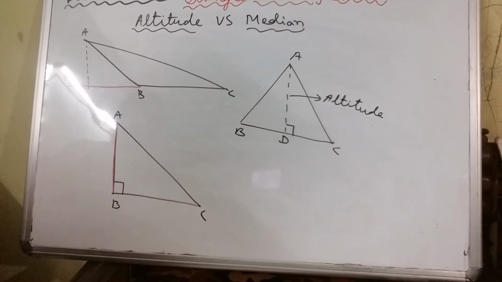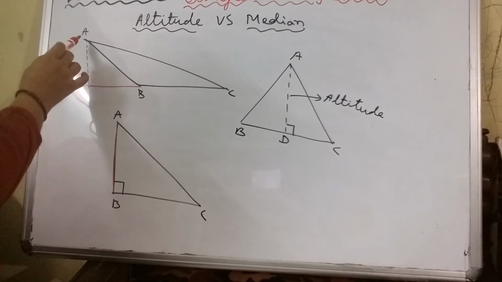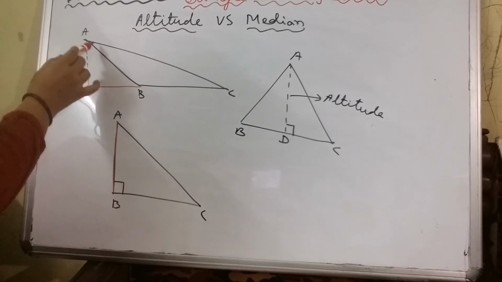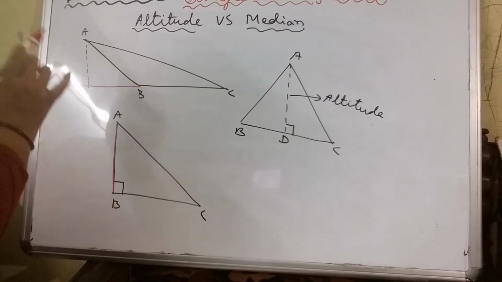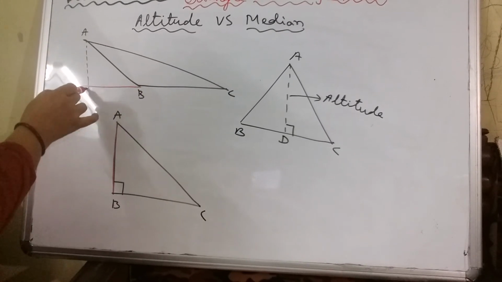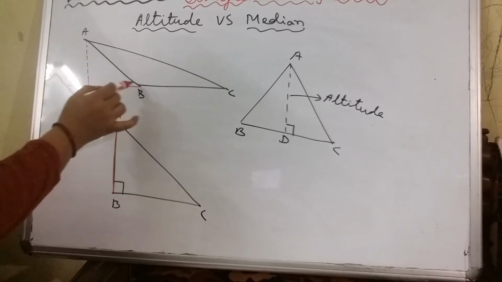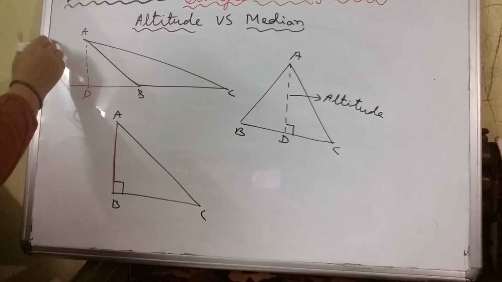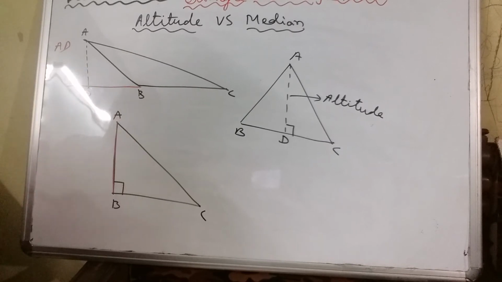If I have to draw a perpendicular, or altitude, from this vertex, it's not possible to draw a perpendicular which will lie inside this triangle. So I'll draw a perpendicular and extend this. That means this altitude AD is lying outside of this triangle.